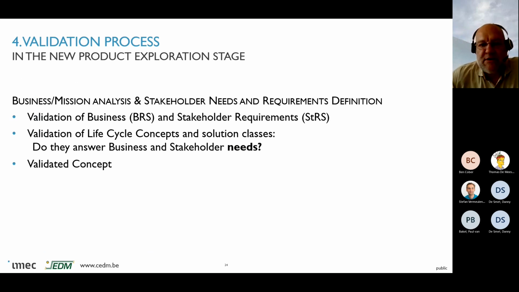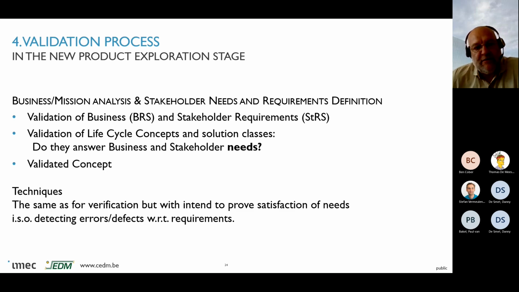In the exploration stage, I would say validation is probably the most important activity, or is actually the goal we are looking for, because we are going to a validated concept of a solution for a certain problem. So it's about validation of the business and stakeholder requirements and about validation of the lifecycle concept and the solution classes, and check whether these are answering the business and the stakeholder needs.